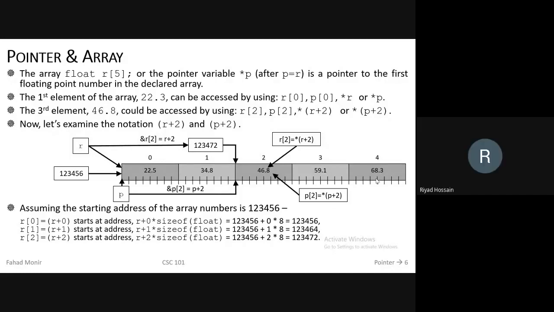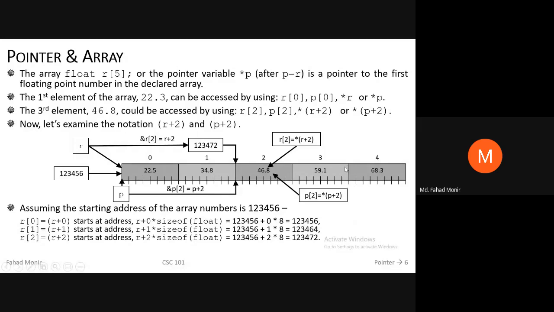Sir, p is a pointer which is pointing to the first address. Then p+4, that means r+4, which will take me to the address of the first element plus 4 into 8, which will give me the address of this one.